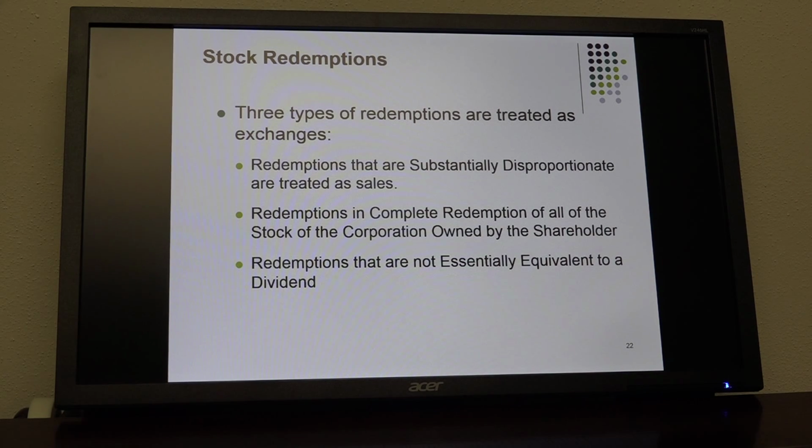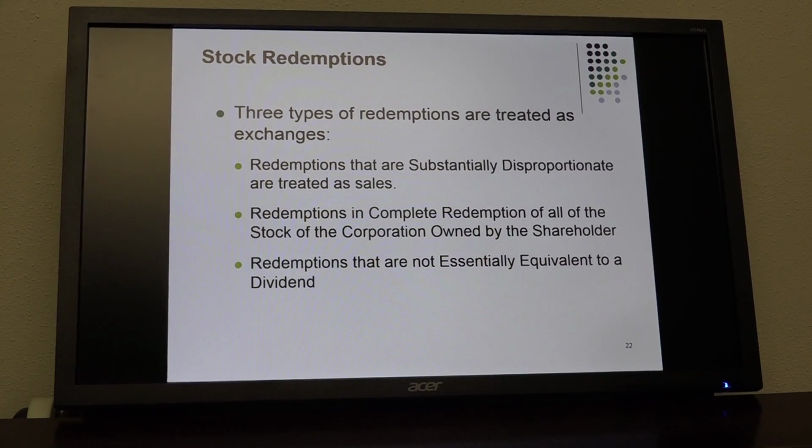In this case, the family attribution rules will not apply, because if they did apply in a family corporation, someone who redeemed all their stock would still be deemed to own the stock of the family members, right? So anyway, they do away with the family attribution rule under this particular type of redemption.